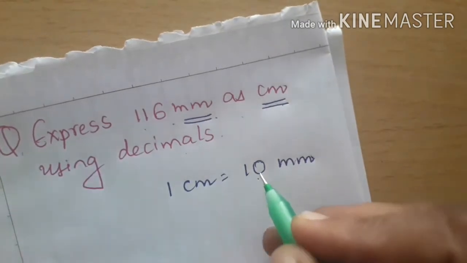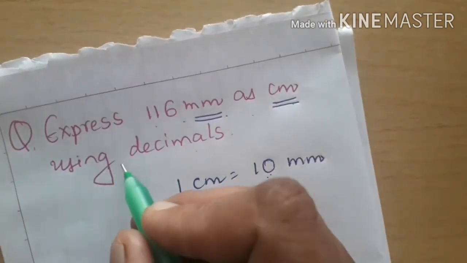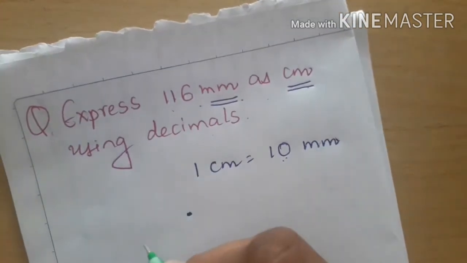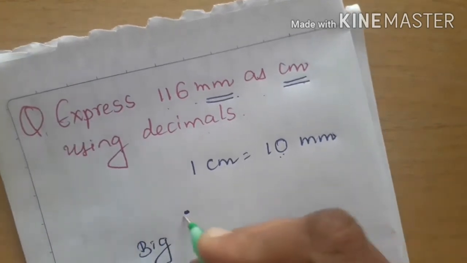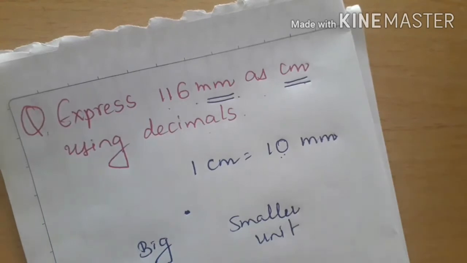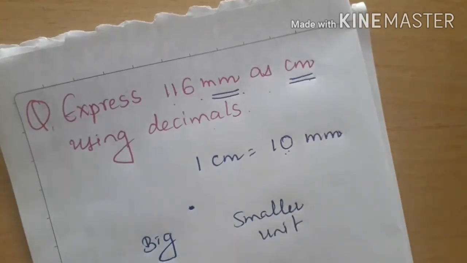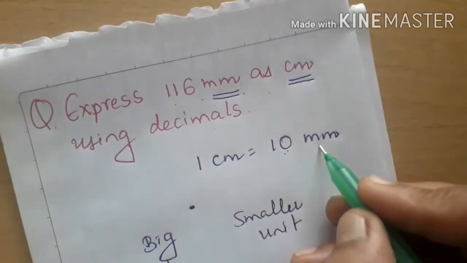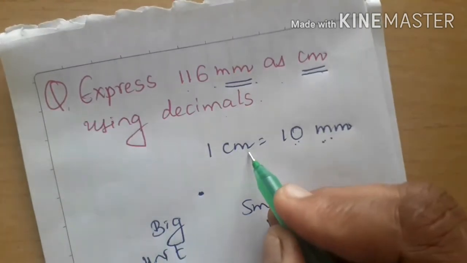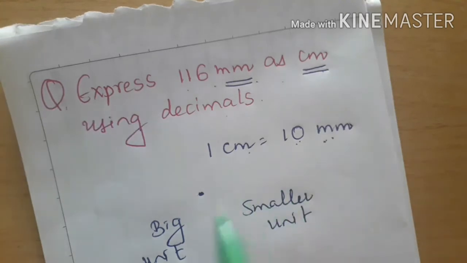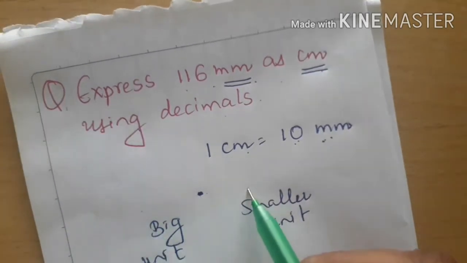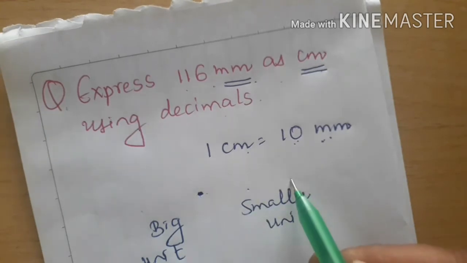Now I have to express in decimals, and as I explained, before decimal point you have to write the bigger unit, and after decimal point you have to write the smaller unit. So now among centimeter and millimeter, which is the bigger unit? Centimeter is the bigger unit. So centimeter I should write before decimal point, and after decimal point millimeters I should write, first thing.